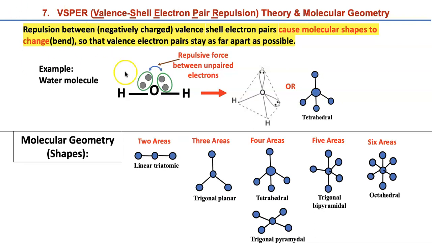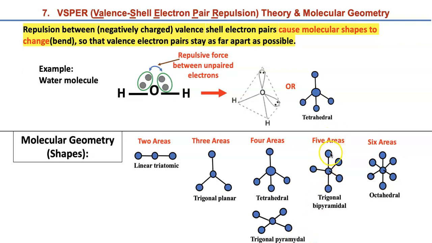So let's look at some common geometries. If you have two areas of electron density, you're going to be linear. If you have three areas of electron density around the central atom, you're going to be trigonal planar. If you have 4 areas of electron density around the single atom like this, you're going to be tetrahedral or trigonal pyramidal.